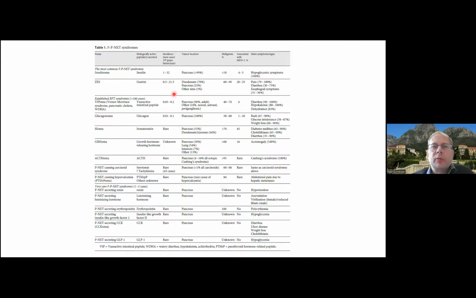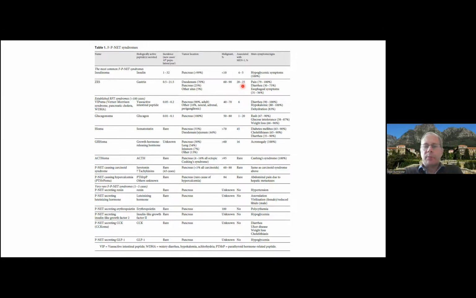Okay, gastrinomas, probably slightly less common than insulinomas. Remember, there's the gastrinoma triangle, which includes the duodenum, the pancreas, and the distal biliary system and the tissues around that. So gastrinomas can occur in that region. Far more of these are malignant, 60 to 90%, and a greater proportion are associated with the MEN syndrome.